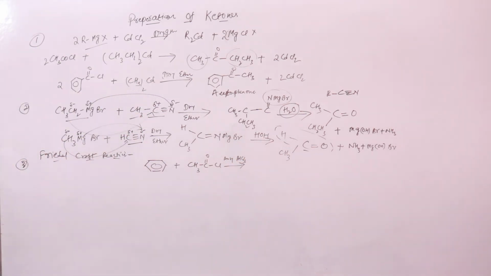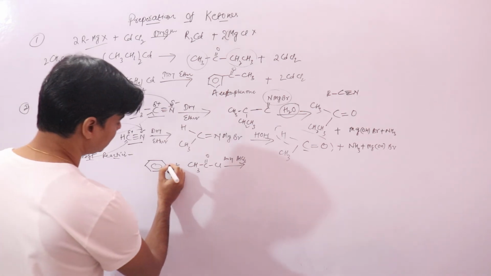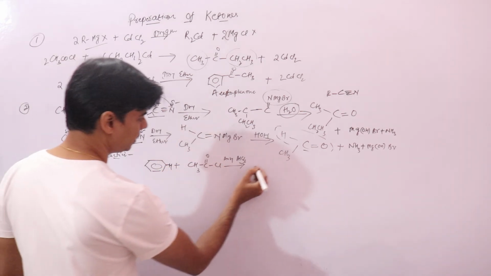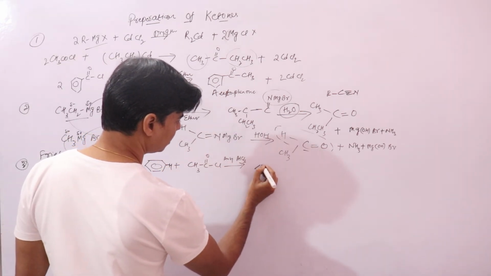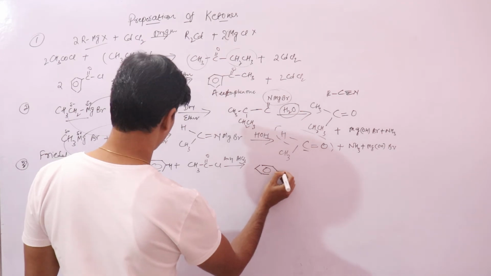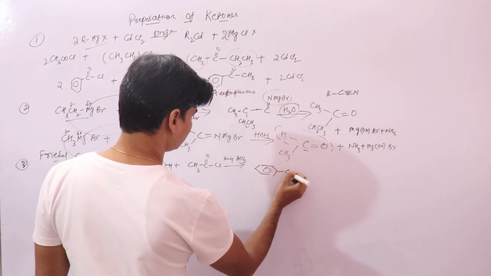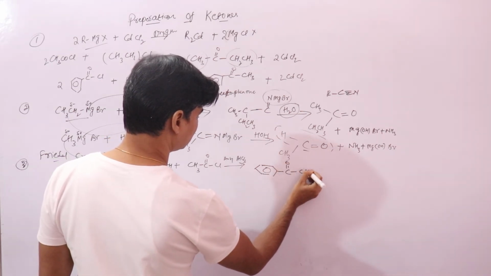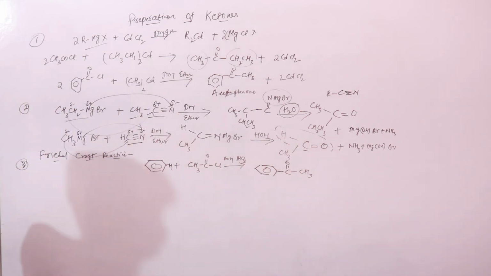What it will form is, this H will react with Cl here, giving HCl, and it will form this, your acetophenone, which is a ketone, right?